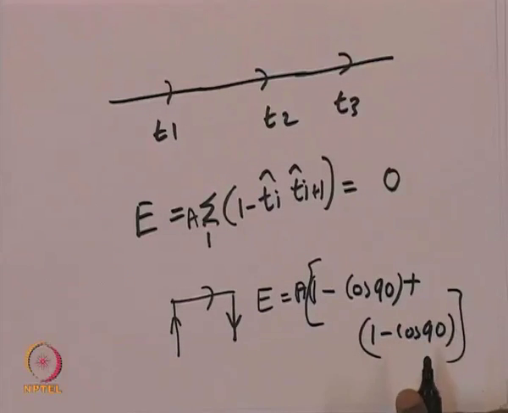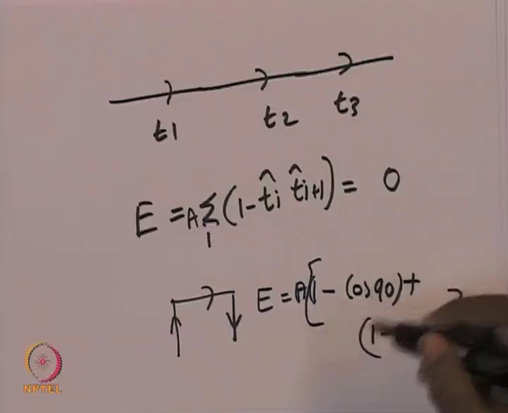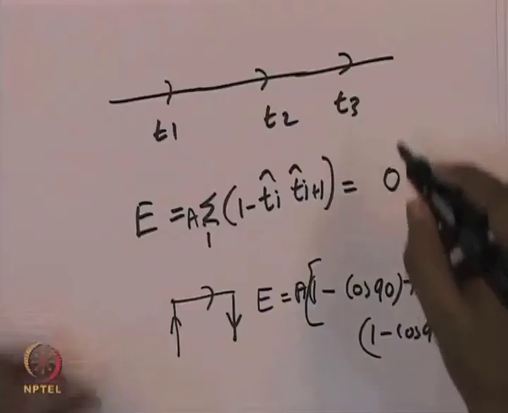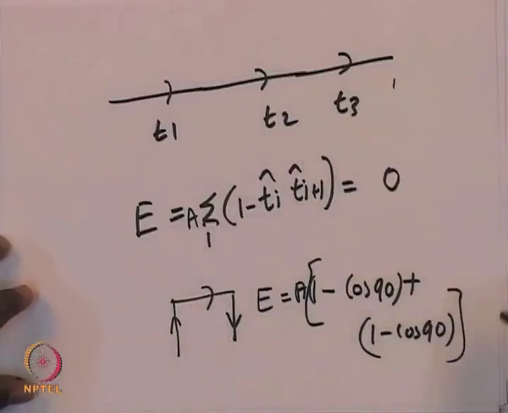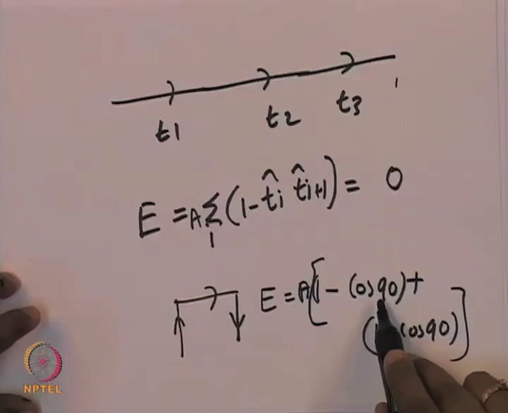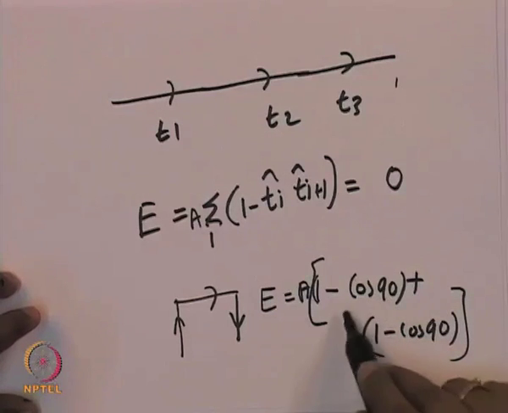So, cos 90, cos pi by 2, is basically, so cos 0 is 1, cos 90 is 0. So, this is 1 minus cos 90, which is 1. So, this 1 plus 1 is 2.